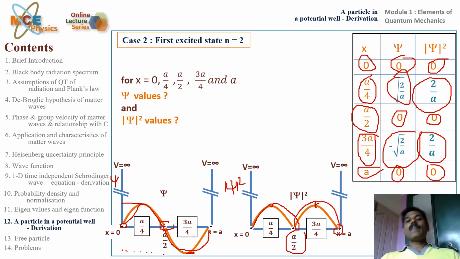In the similar way, if n is equal to 3, the particle is in the second excited state, there you will get 3 peaks in this plot. That indicates that the probability of finding the particle is at 3 different positions when the particle is in the second excited state. So this is the inference of the calculation, and this completes the derivation. These are the 3 parts that you need to learn.